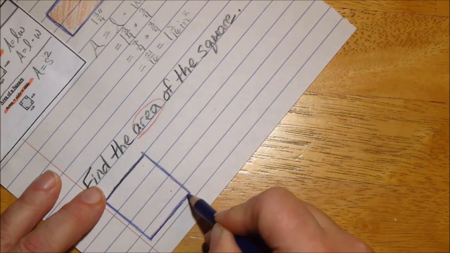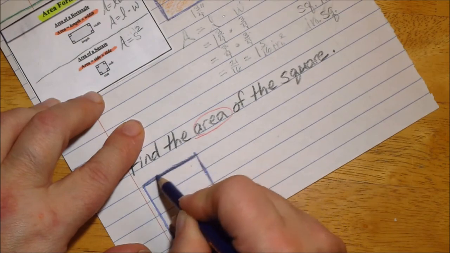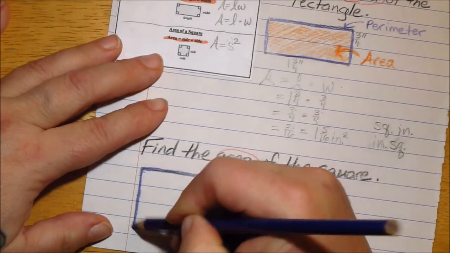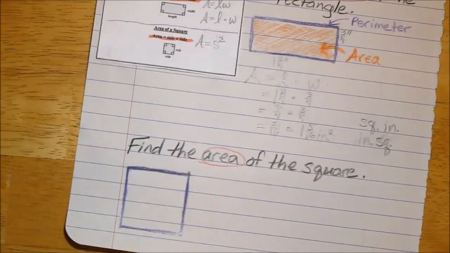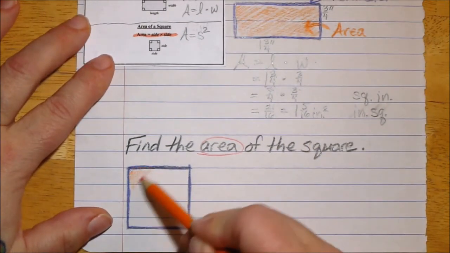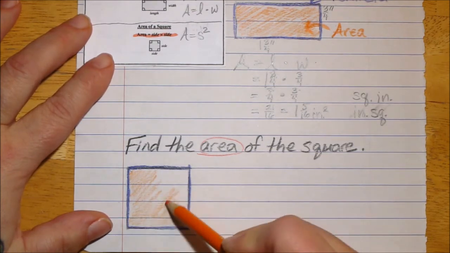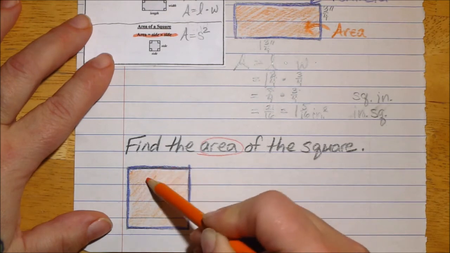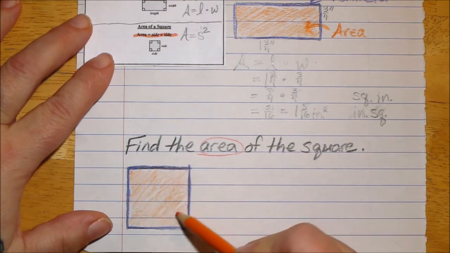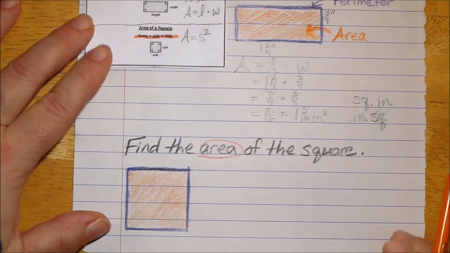All right, so I'm outlining the perimeter. But perimeter is not what we are measuring. Now what we are measuring is the area. That's the grid area within the perimeter. So on any polygon, any closed multi-sided shape, the part inside the perimeter is area.